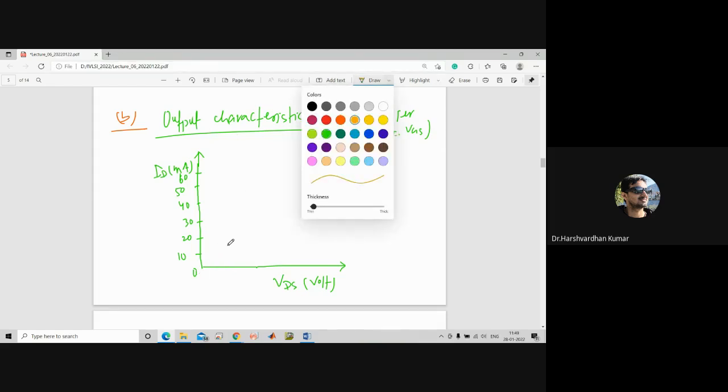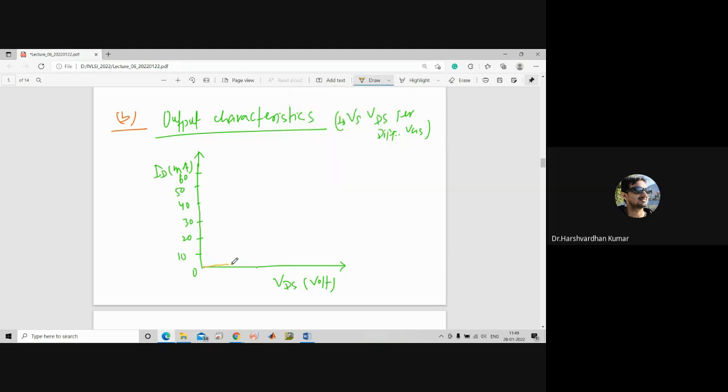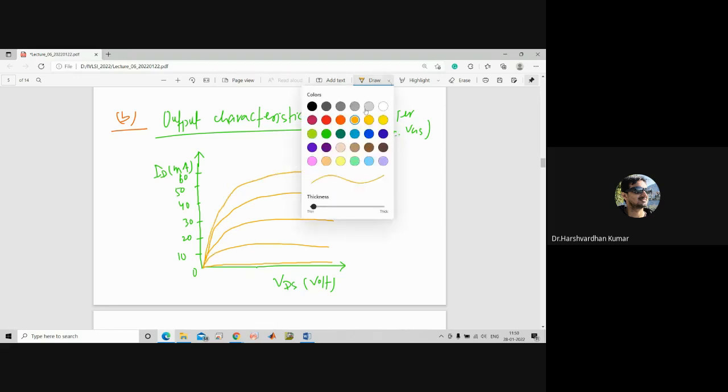We are changing the color so that we can understand. If you remember the characteristics of the last class, then it will be like that. Just observe the things, not exactly this one.